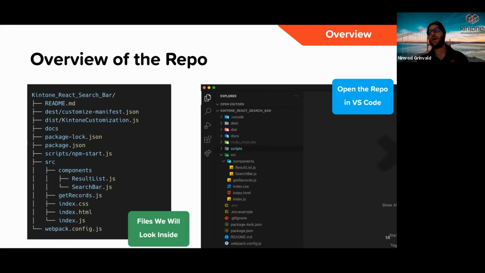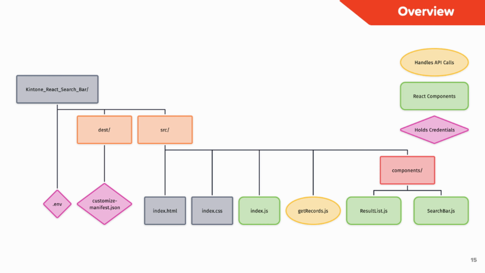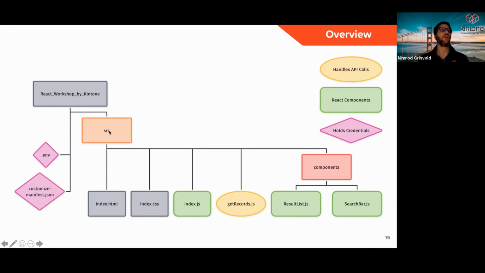Let me talk a little bit about that directory structure. So we've got react-kintone-search-bar, something like that, and then here are the most important parts of this repository today. There's a source folder. In that source folder, this is where we will be playing with our code. We've got an HTML file and a CSS file, and this will be untouched.